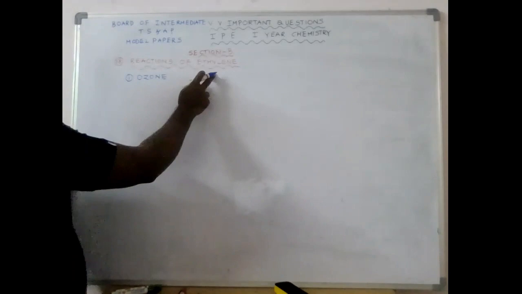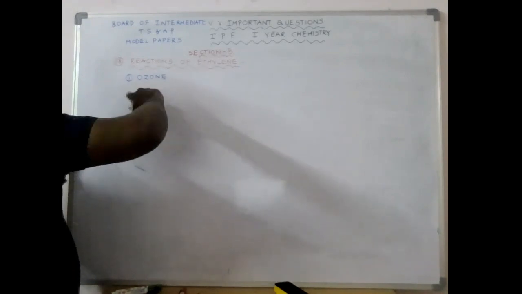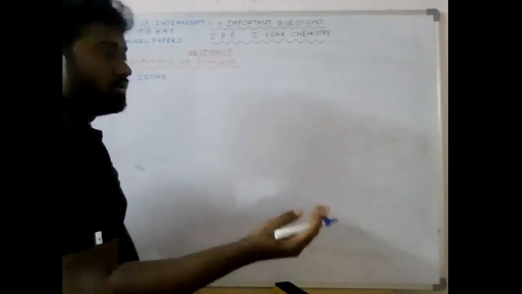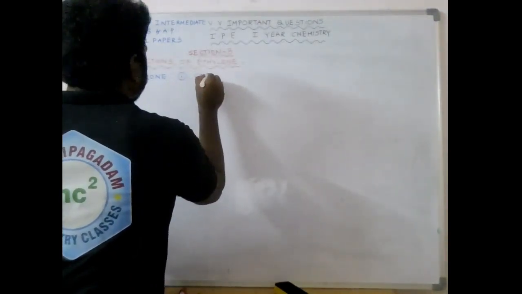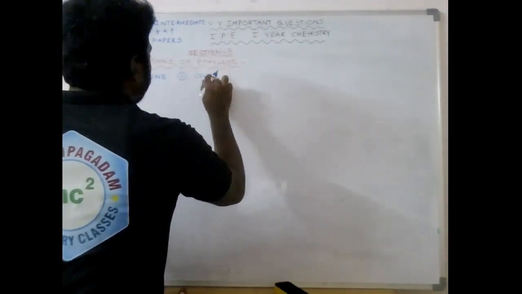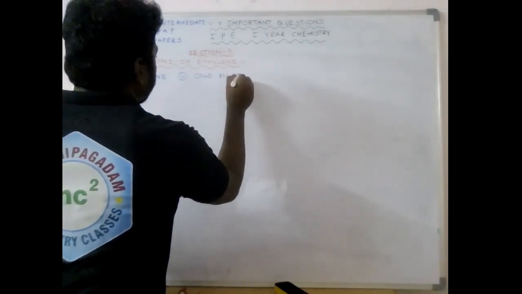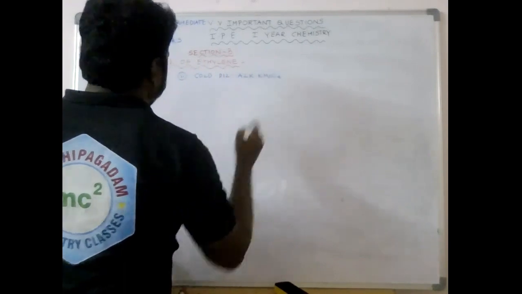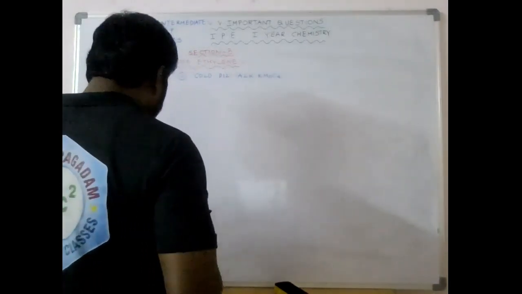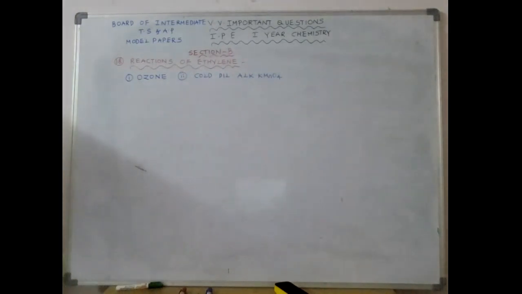Reaction with ozone: ethylene reacting with ozone, what will happen? And one more, ethylene reacts with cold dilute alkali KMnO4, potassium permanganate. So when ethylene reacts with these two reagents, what will happen? That is the question.